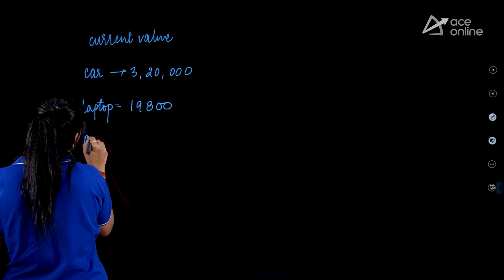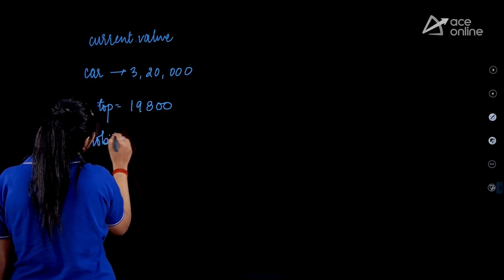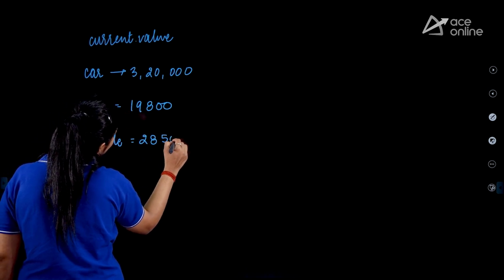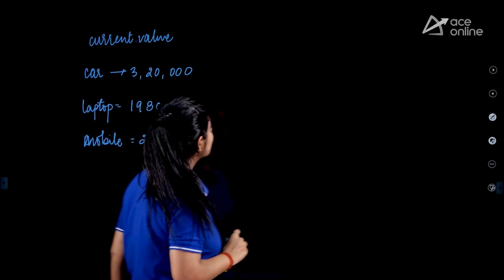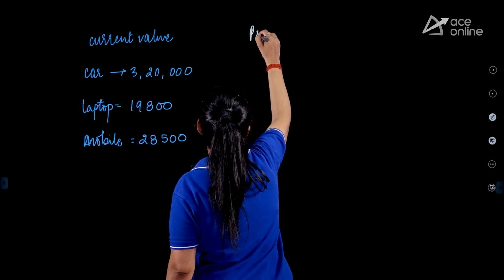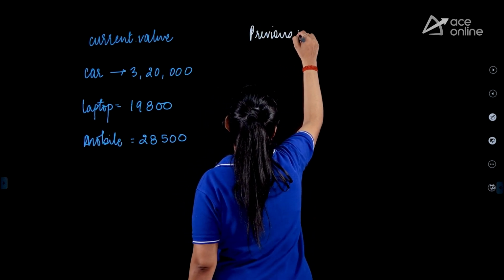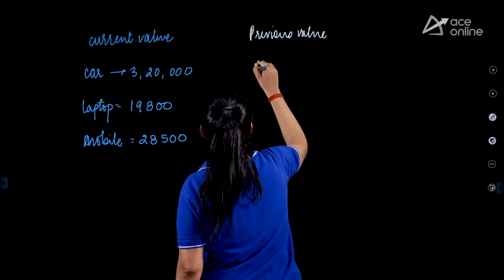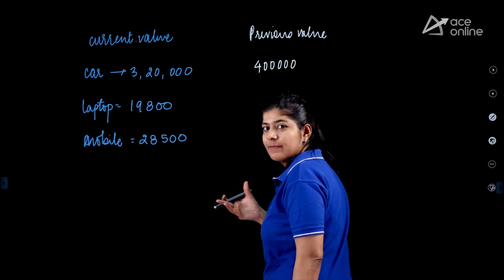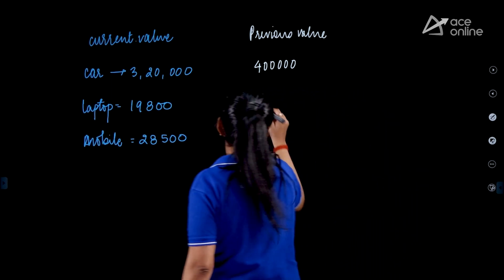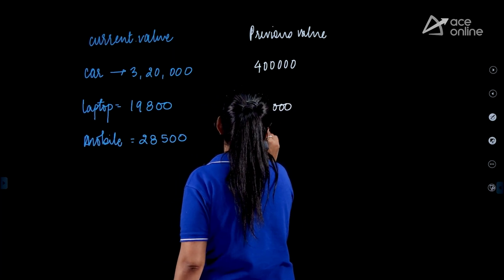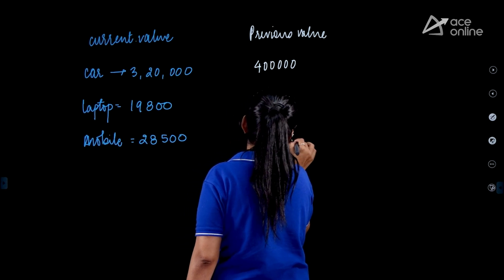And for the mobile, it is 28,500. These are the current values. We are also having the previous values. The previous values are 4 lakh. There's no need to write it again and again, but I just changed the slide, that's why I'm writing. So here we are having 18,000, and here we are having 30,000.